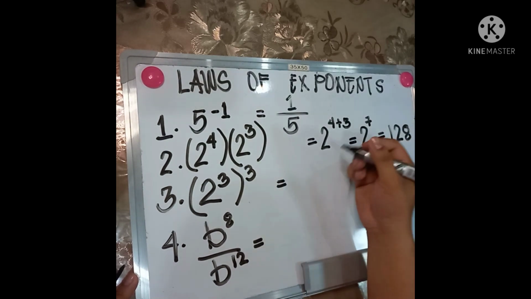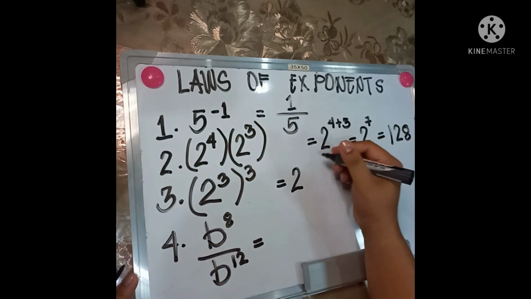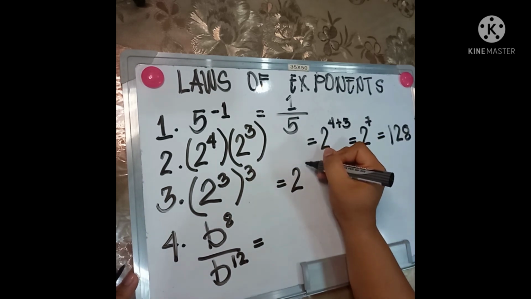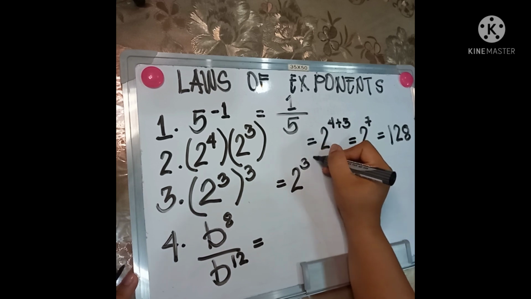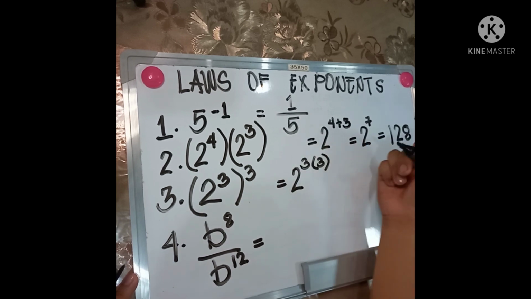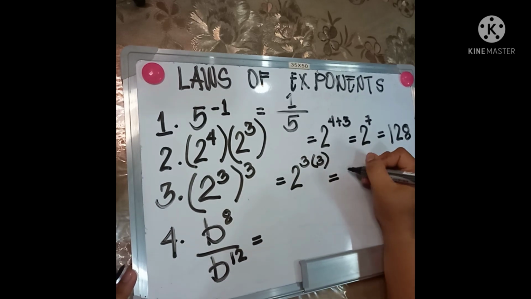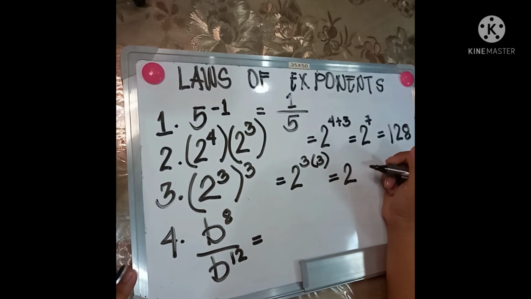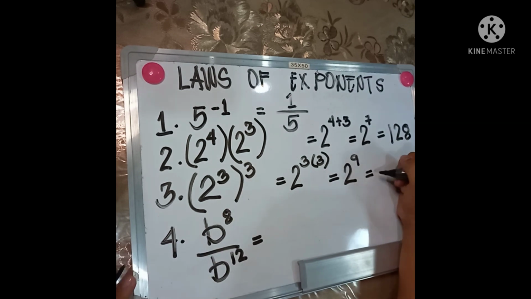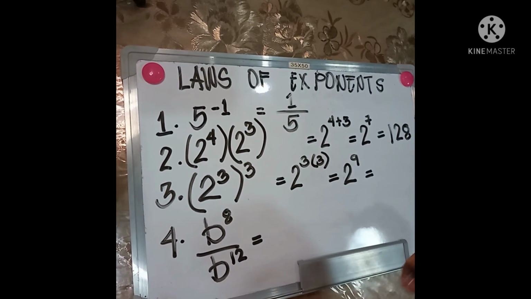For number 3, following the power of powers, we have 2 to the power of 3 times 3, that is 2 to the power of 9. You have to simplify by multiplying 2 by 9 times.